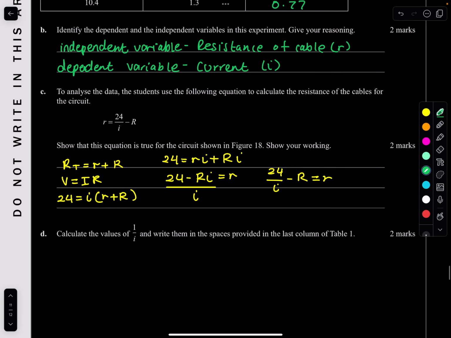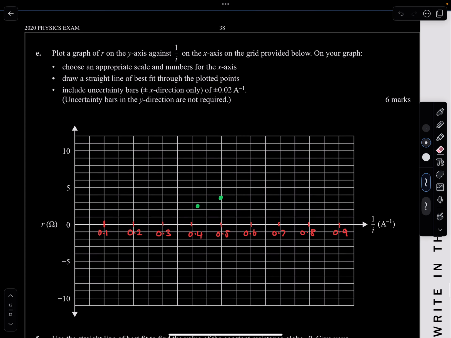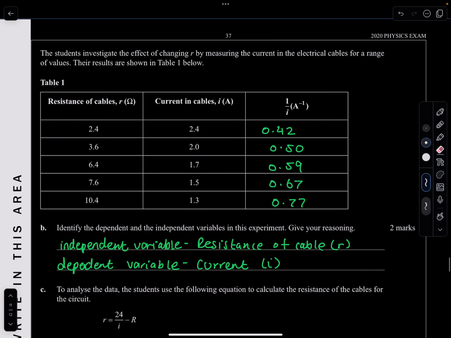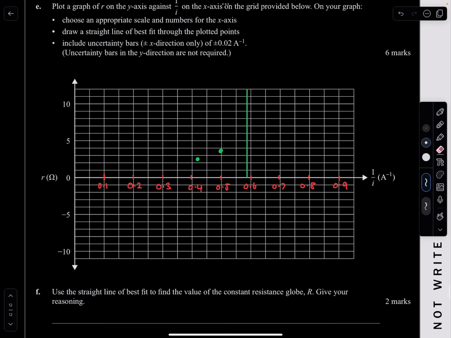Next one is 0.59, so approximately 0.6, so right here. And 6.4. So that's 5, 6, 7, so 6.4 is around here.